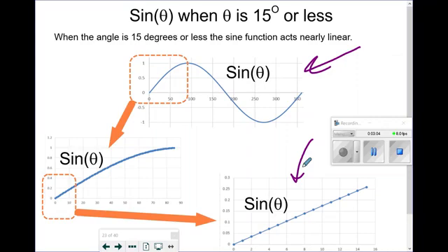So here we have our full sine function from 0 to 360 degrees. If I focus in on just the first 90 degrees, I see this looks a little more linear. And in this very first 15-degree increment, it looks very linear.